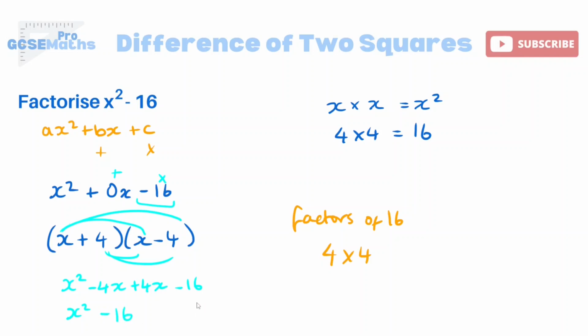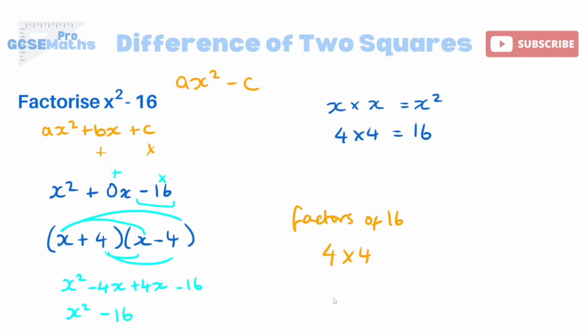Okay, so I've obviously gone through the background explanation, but my point is if you can recognize this type of quadratic where you've got ax squared minus c, it has to be minus, right? Because we're obviously multiplying a plus and a minus. Ax squared minus c, you can still factorize it into 2 brackets. You just have to recognize that they're both square numbers.